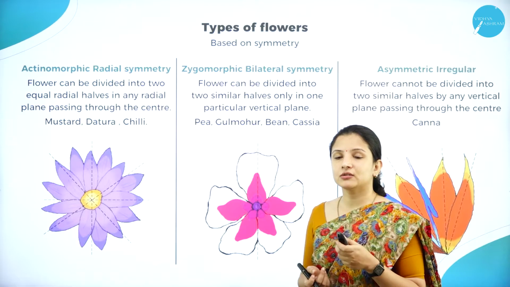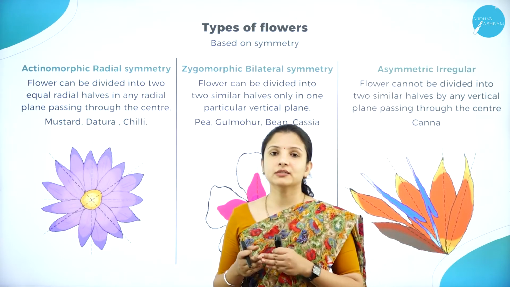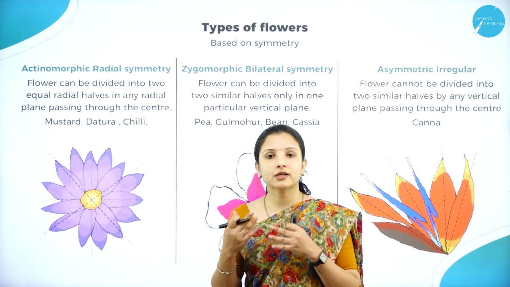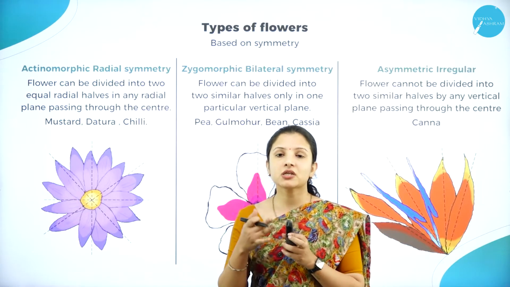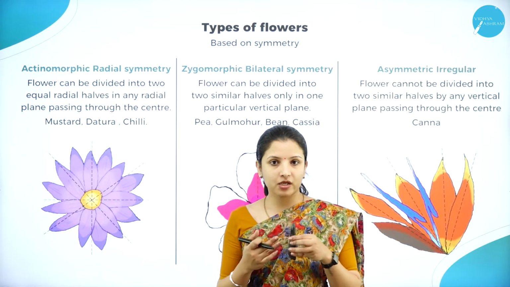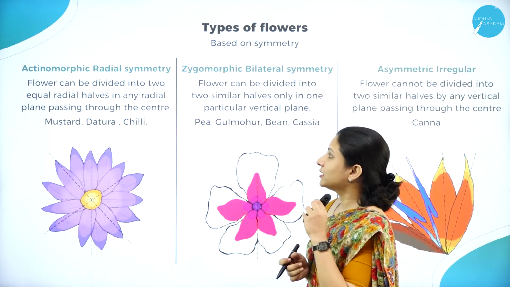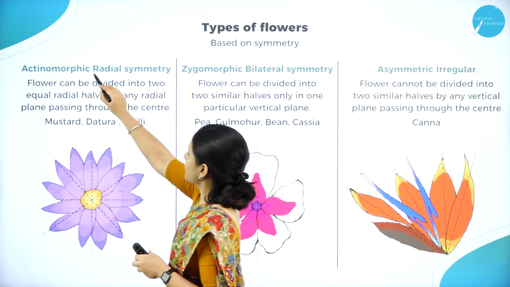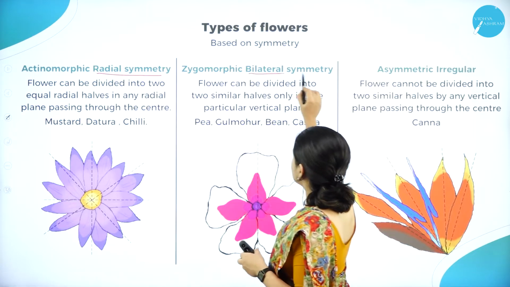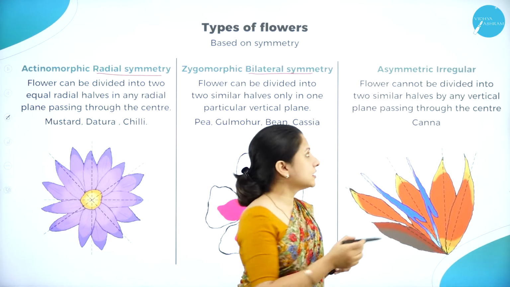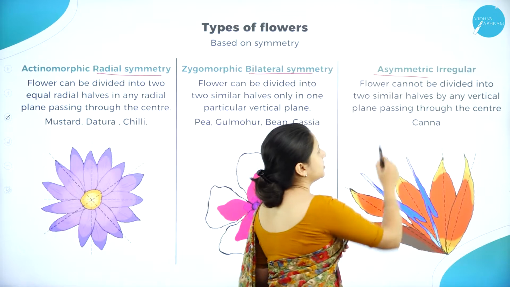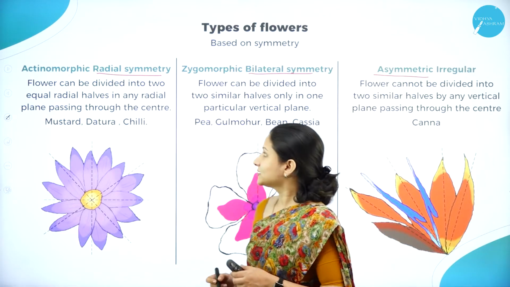So symmetry is in which you can divide an organism into two or more than two equal halves, wherein each half will be the mirror image of each other. So based on that, in flowers also there is radial symmetry, there is bilateral symmetry, and also there is asymmetrical. So what are these? We shall study.